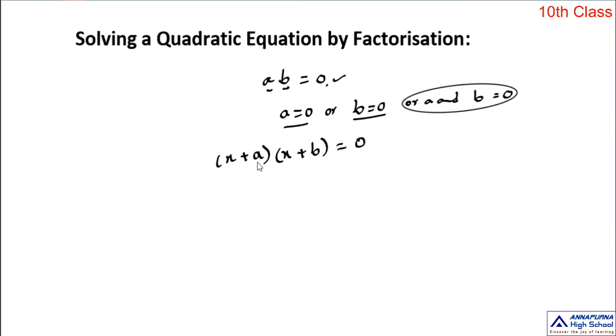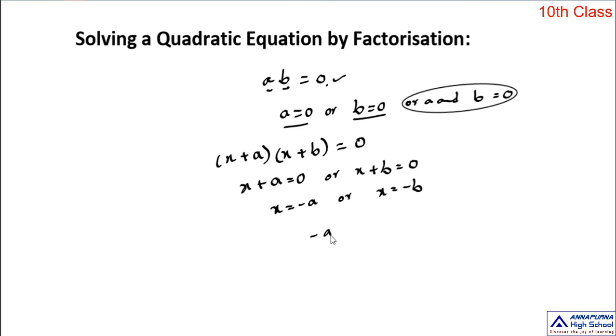That means if x plus a into x plus b is equal to 0, then either x plus a is equal to 0 or x plus b is equal to 0. So if x plus a is equal to 0, then x is equal to minus a, or if x plus b is equal to 0, then x is equal to minus b.